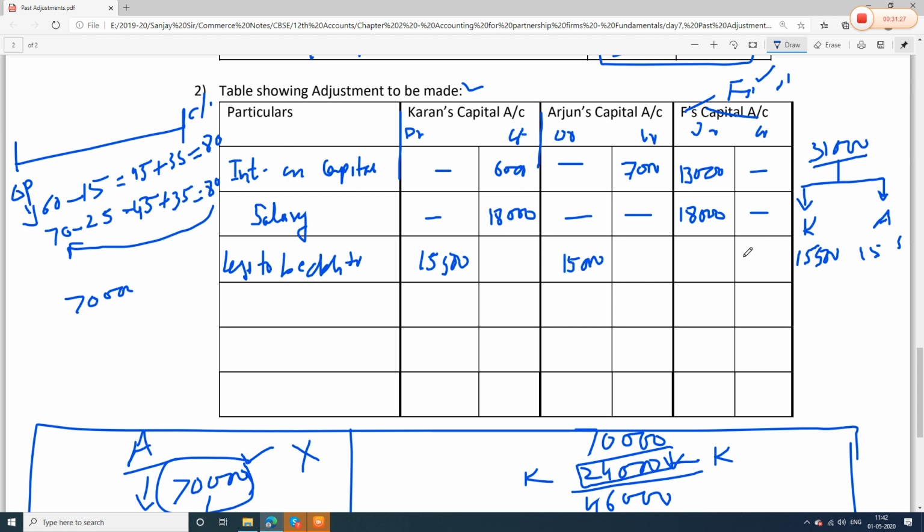And here we will take the firm's total 31,000. Right, guys. Now we will see. Your firm's debit and credit should always come equal. See, 18 plus 13 is 31, perfectly fine. And here also 31, perfectly fine. This is the same. Now see here.